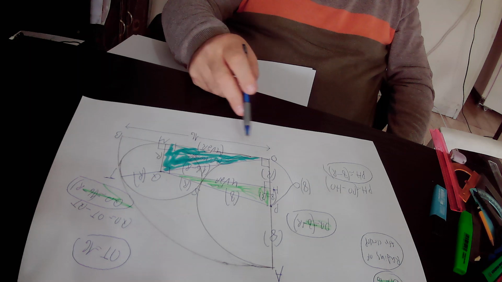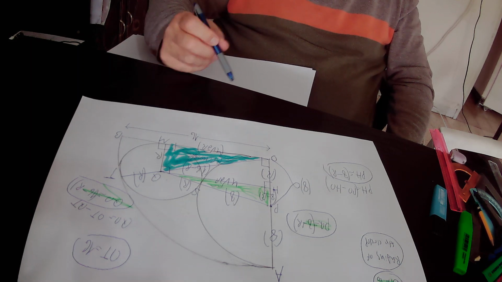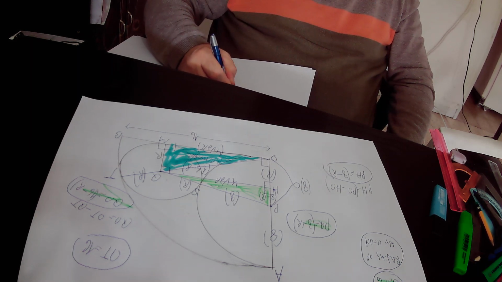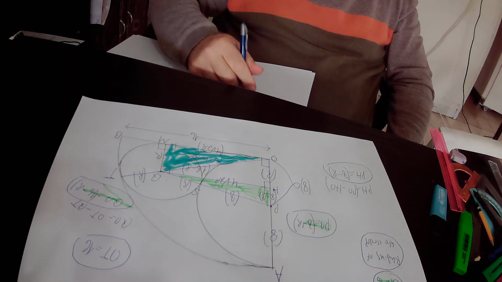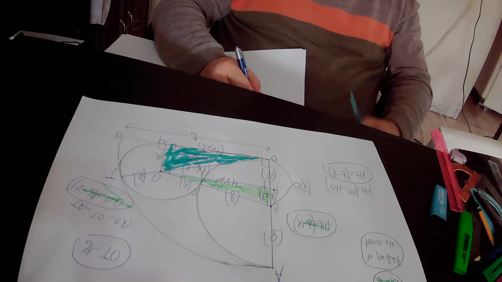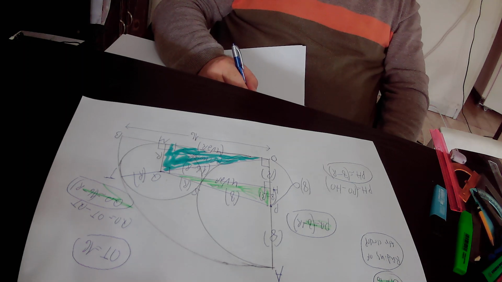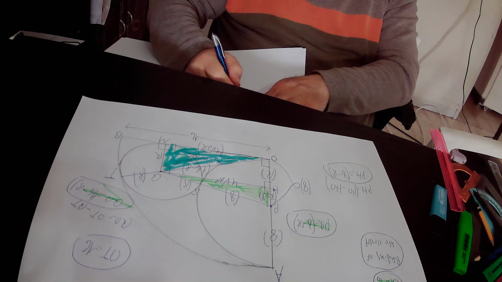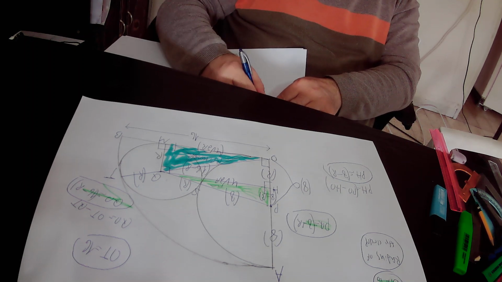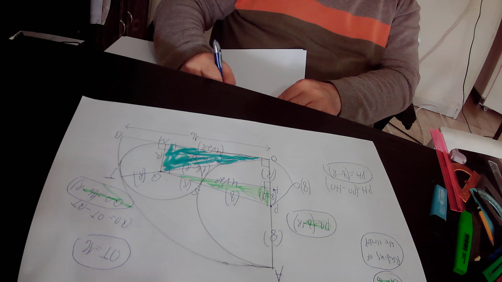And side OM equals 4 times square root of 2R. Here PT is the abbreviation for Pythagoras theorem.